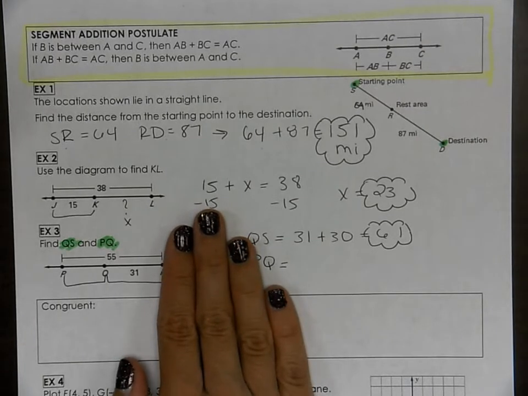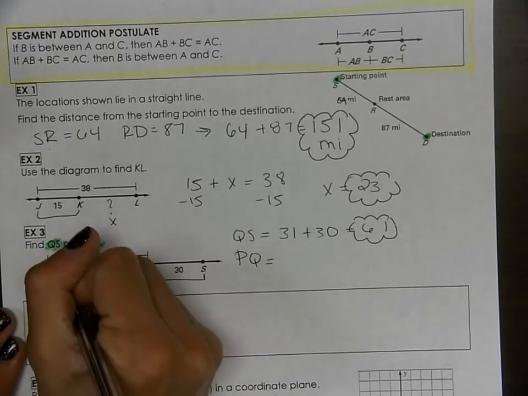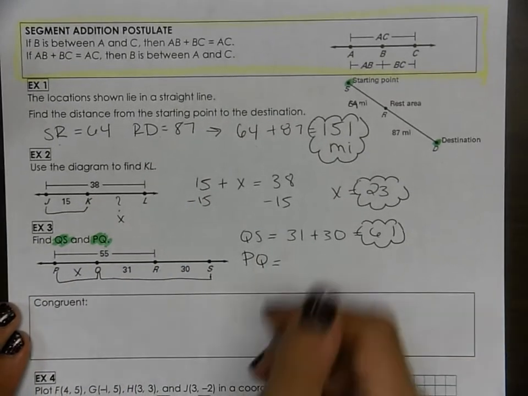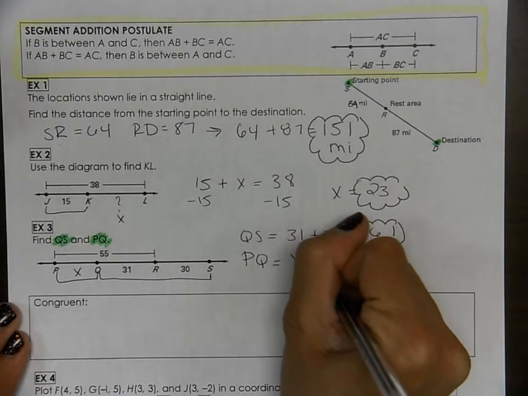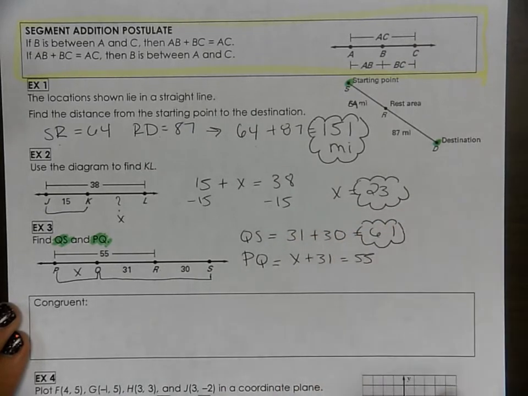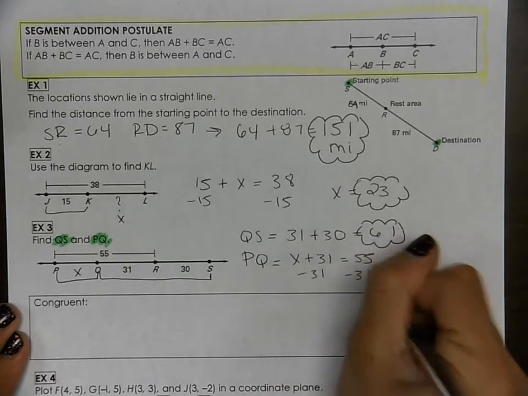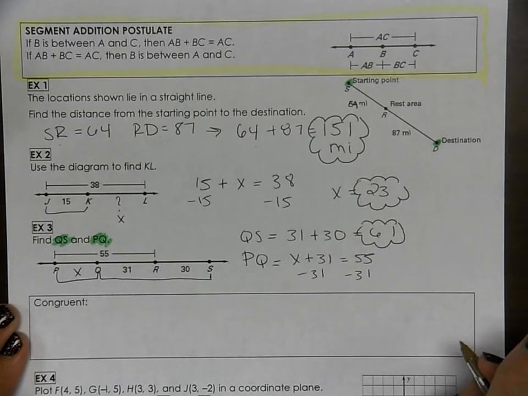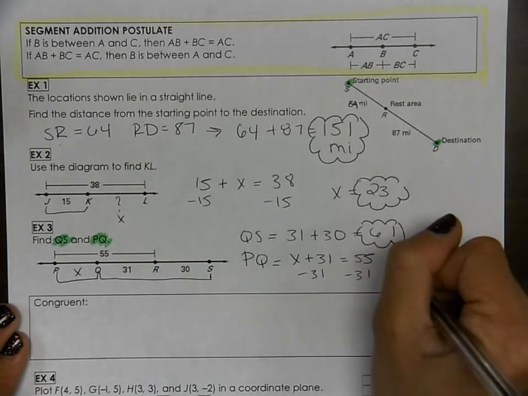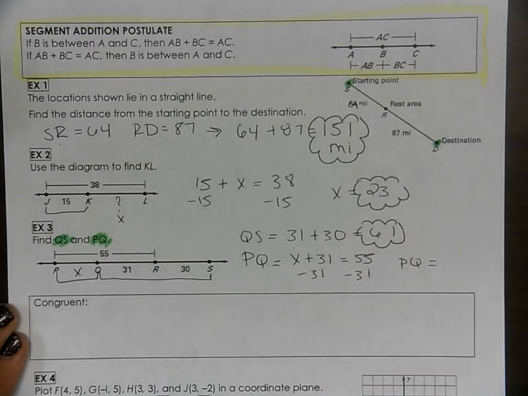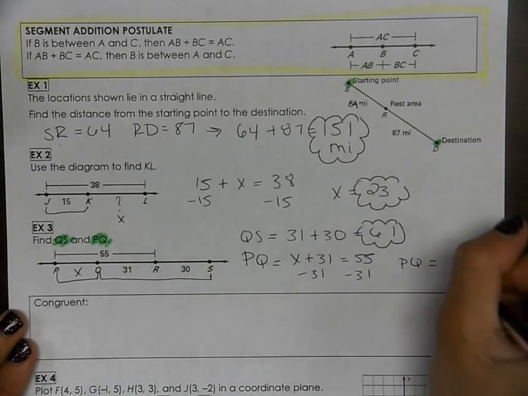So I can do what I did in example 2 and say, that missing little chunk should be x or whatever you want to call it. And I can say little piece plus little piece equals big piece. And when I do 55 minus 31 to solve for x, writing this off to the side here, PQ would give me a total value of 24.